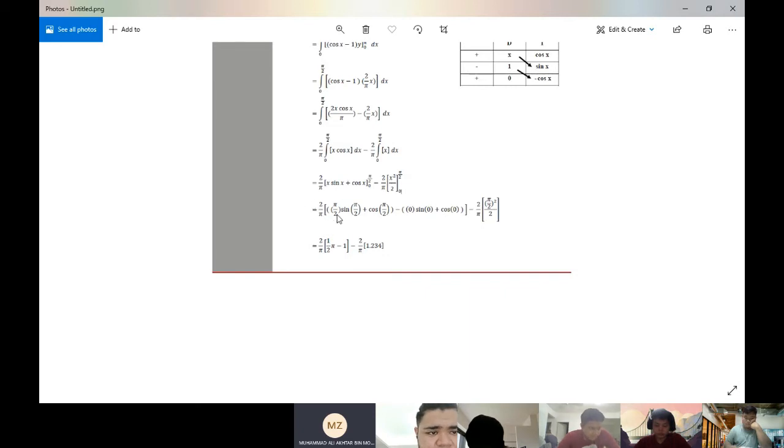Then we get the final long equation, and we can simplify it to 2 over pi multiplied by half pi minus 1, and minus 2 over pi multiplied by 1.23234.